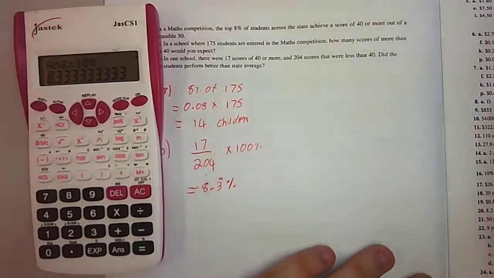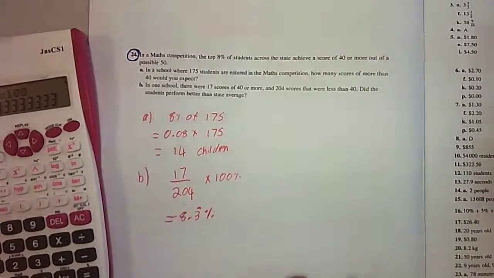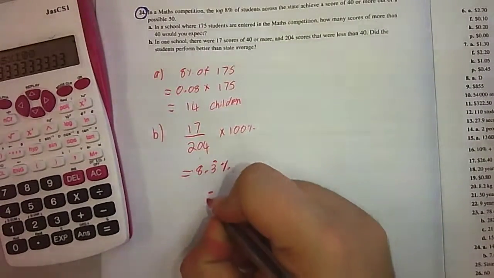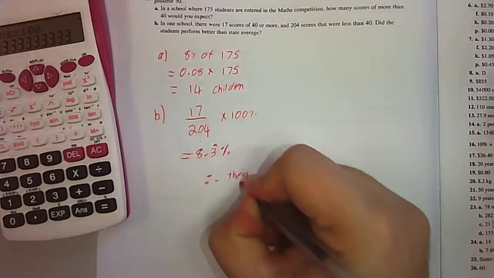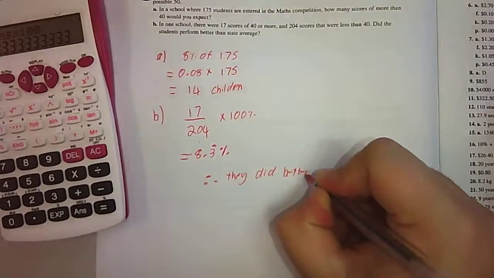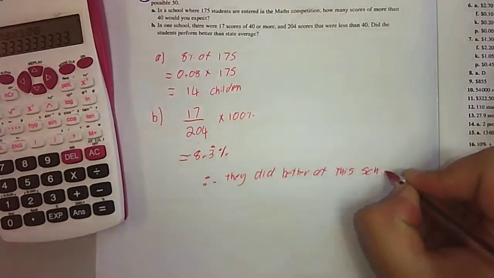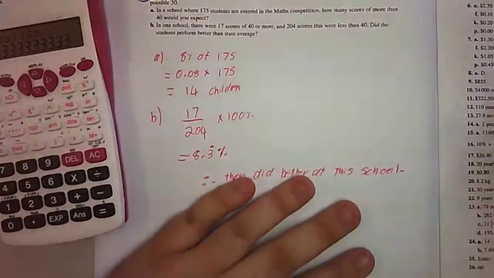If 8.3% got better than 40, that means that they did better than the state average, which was just 8%. So right at the end, you can say, therefore, they did better at this school. Okay, and there we go.